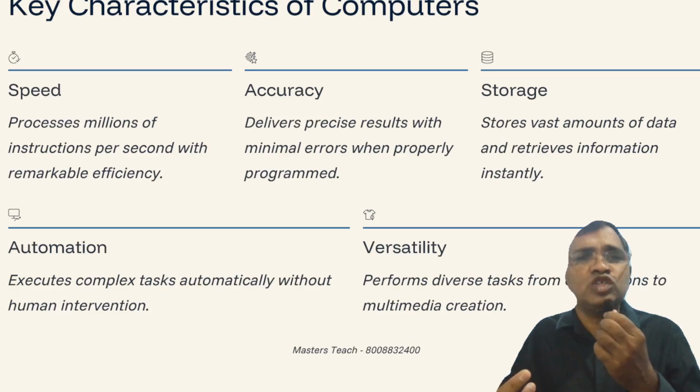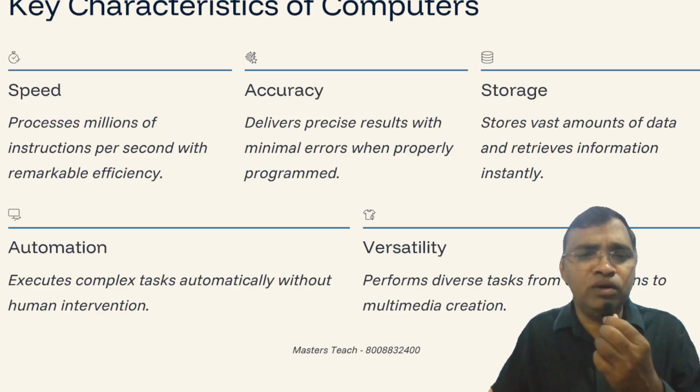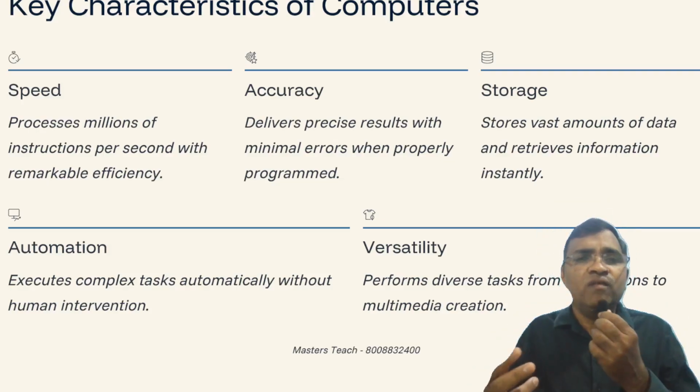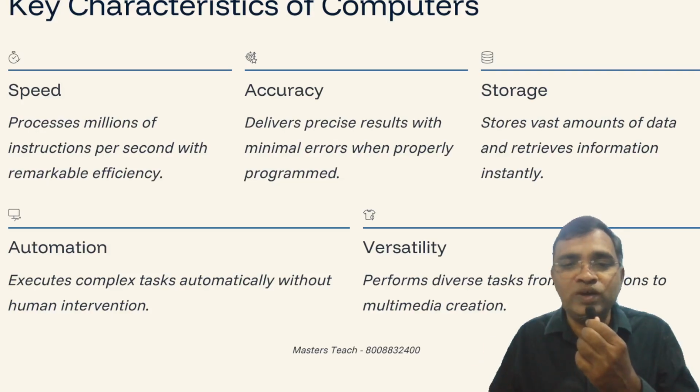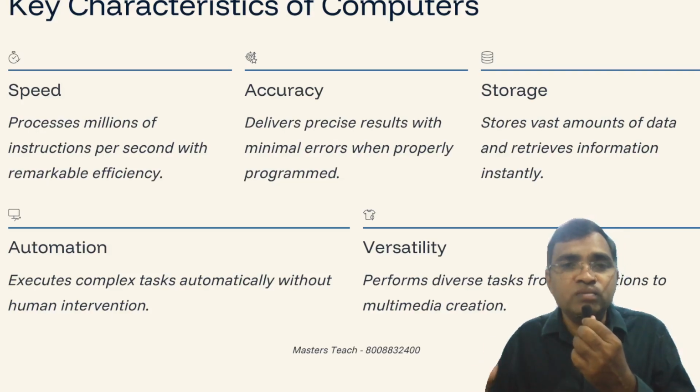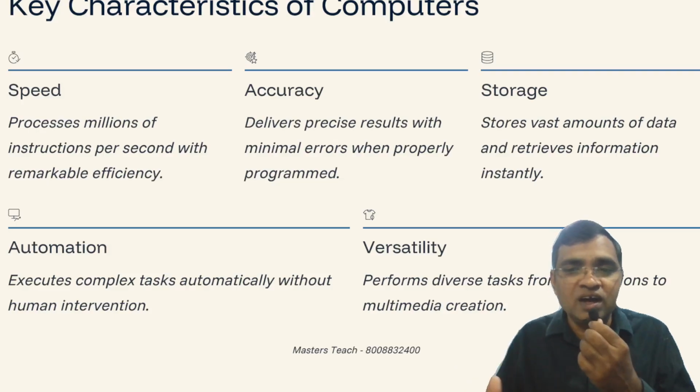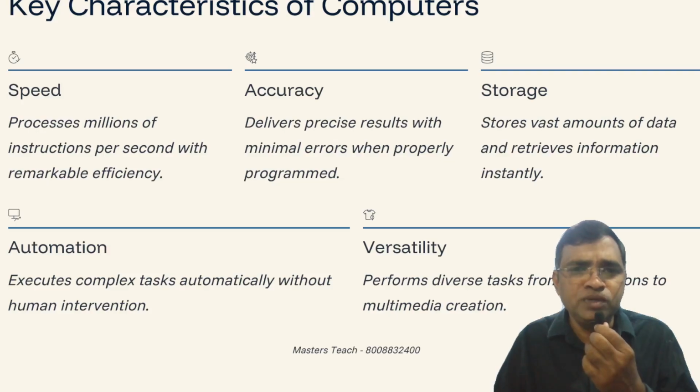It executes complex problems automatically without any human interference. Versatility. It performs diversified tasks from calculation to multimedia creation. So the characteristics of the computer are speed, accuracy, storage, automation, and versatility.